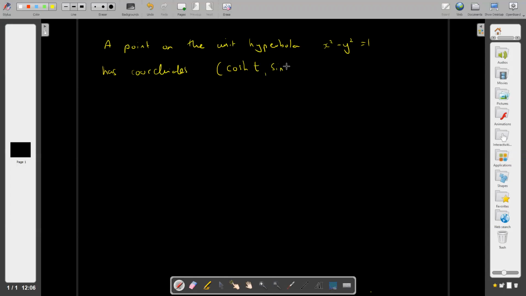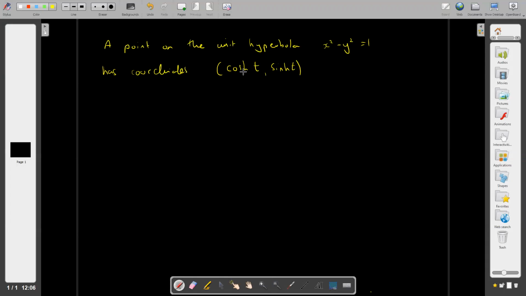So we've just parameterized the hyperbola, so let me just make a statement of this. A point on the unit hyperbola, with equation x squared minus y squared equals 1, has coordinates cosh t, sinh t, hyperbolic cosine, hyperbolic sine.